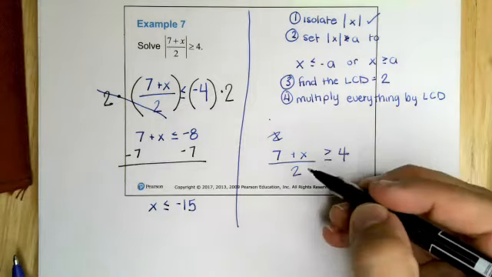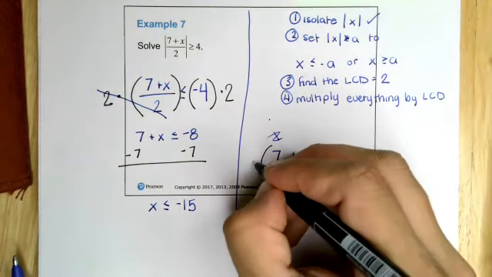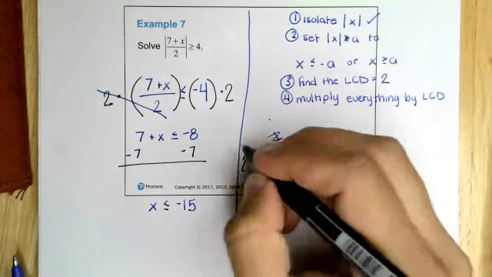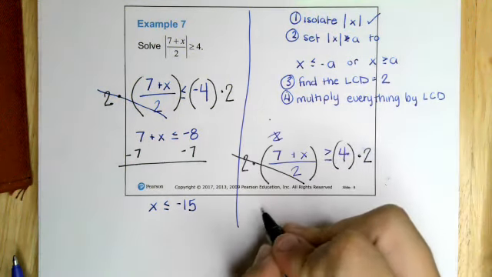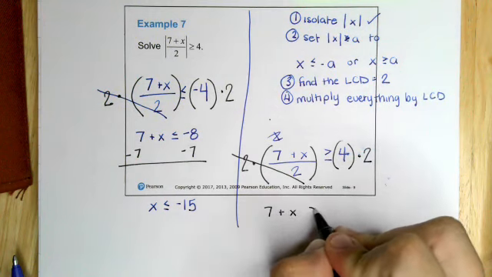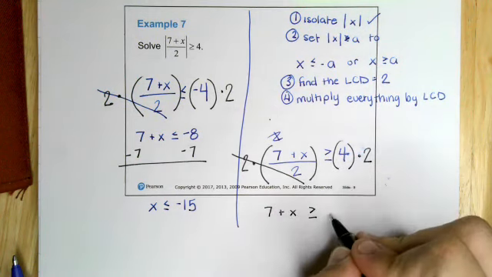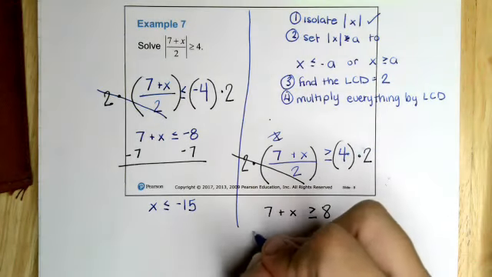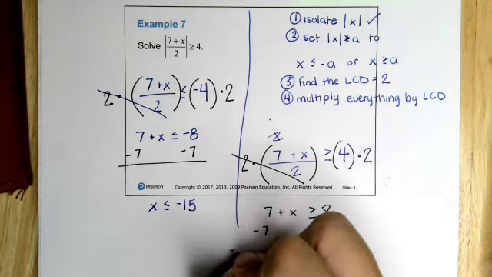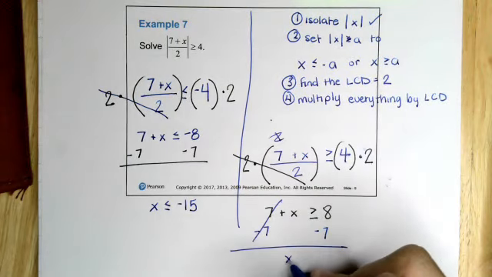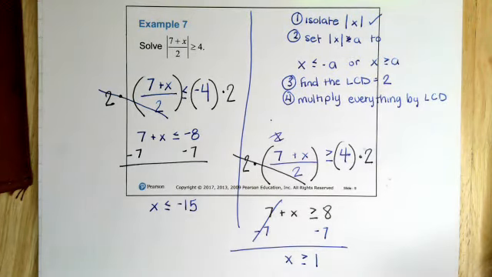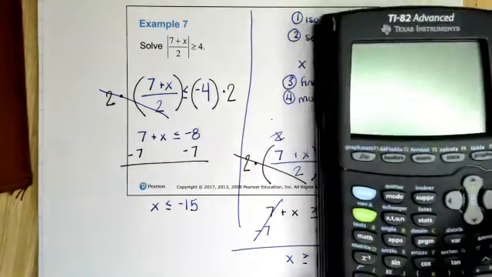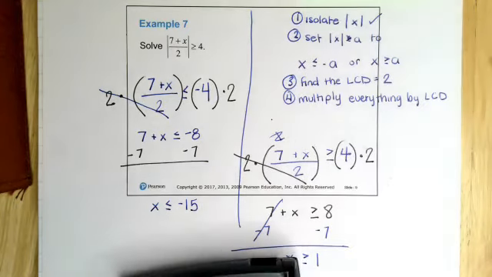And over here, we're going to do the same thing. Multiply by 2. Those cancel. 7 plus x is greater than or equal to +8 this time, right? Subtract 7, x is greater than or equal to 1. All right, let's put these into our inequality just to make sure.